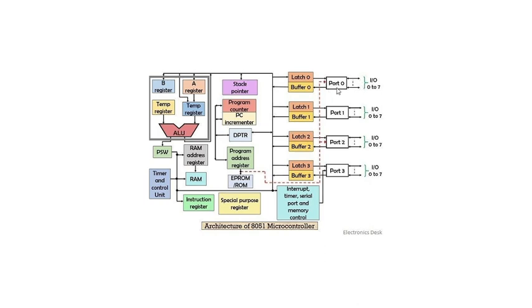It has 4 ports: port 0, port 1, port 2, and port 3. Each has 8 lines, so 4 times 8, out of 40 pins, 32 pins serve as input and output.